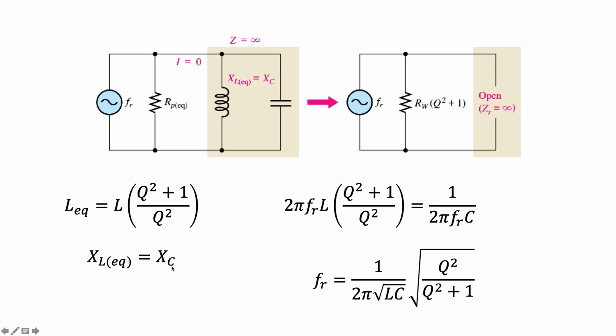So since we are now solving for the equivalent inductive reactance, we can rewrite the equation as so and derive the resonant frequency as shown. Notice that if Q is greater than or equal to 10, then we revert back to our original expression for the resonant frequency.